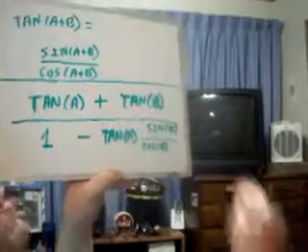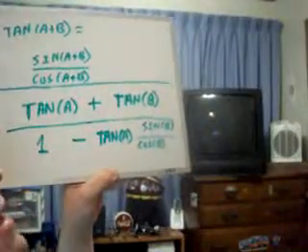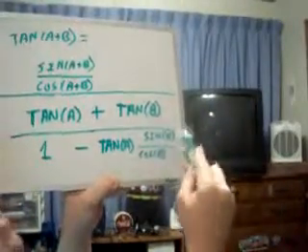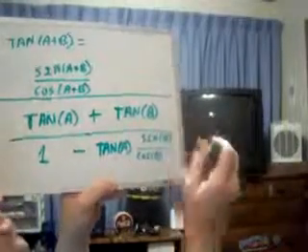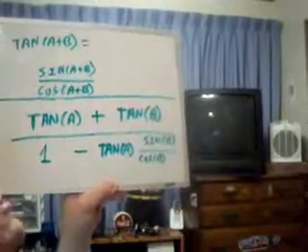It does. Now what about this sine of B over cosine of B? You're dividing the sine of B by the cosine of B. What is that? Why, we just answered that. That's the tangent of B.